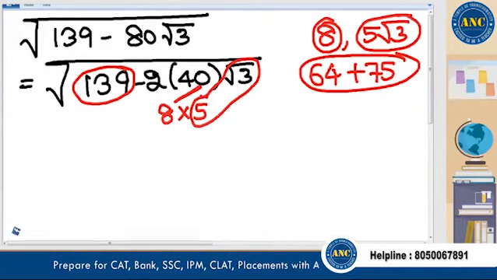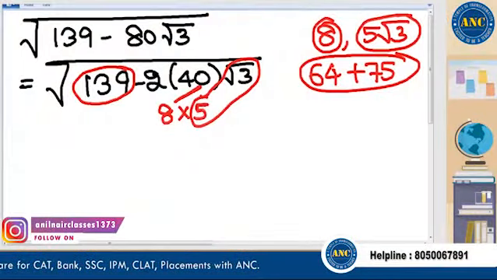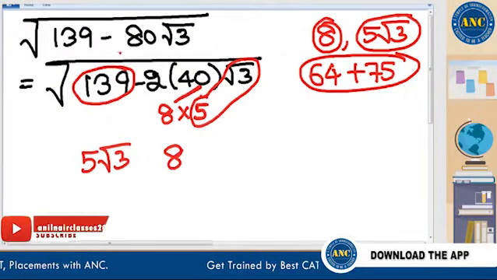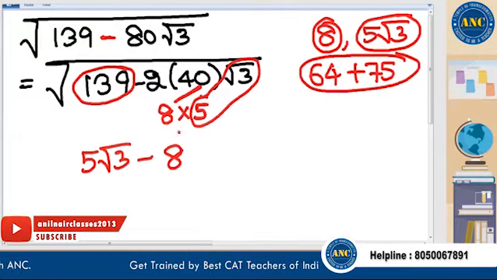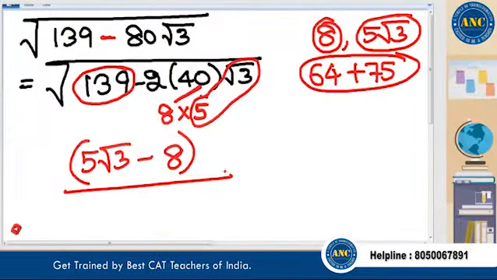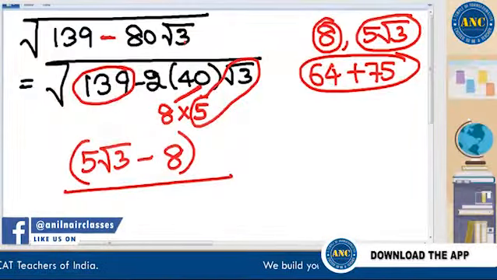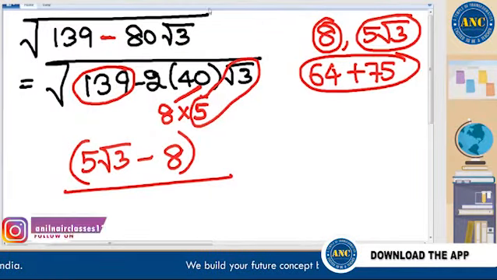That means A value is 8, B value is 5 root 3, or A value is 5 root 3, B value is 8. Because there is minus, write down minus. The answer should be 5 root 3 minus 8.